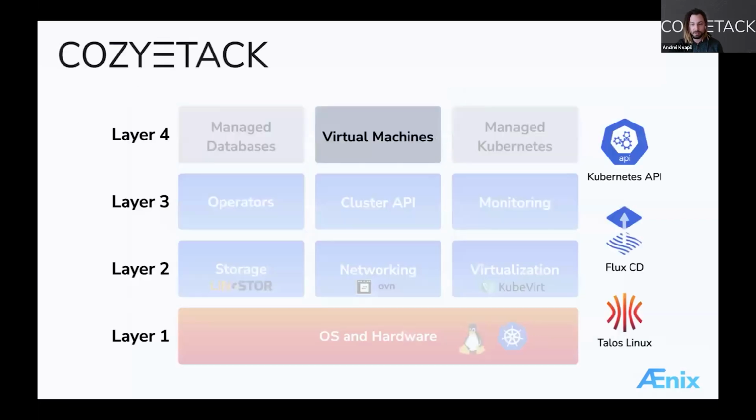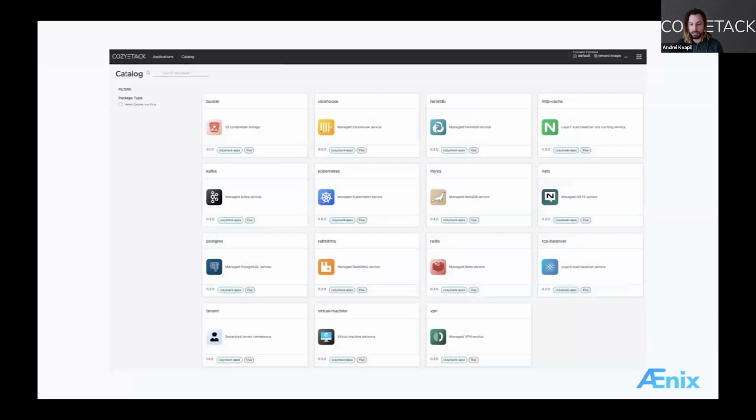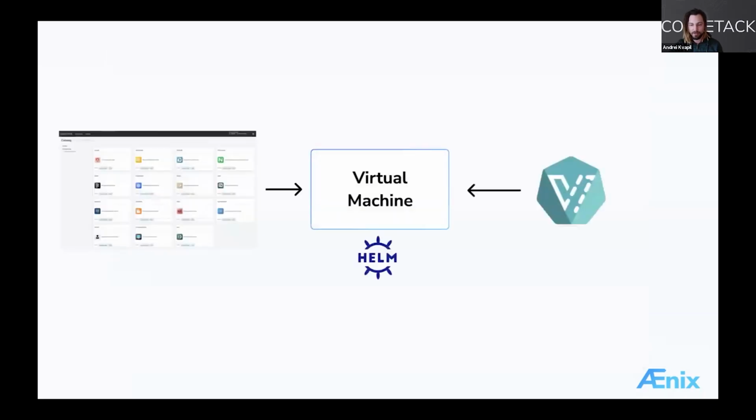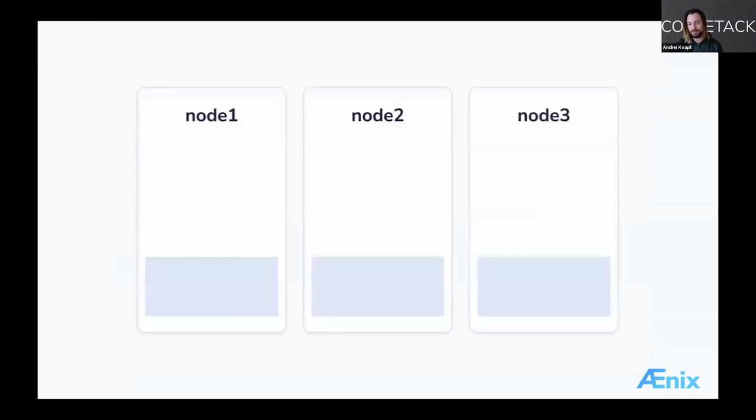While for virtual machines, let's see how it works. Again, we have the dashboard, create a new virtual machine, and then it creates objects for KubeVirt for managing this virtual machine. We can't run a virtual machine in multiple instances. For this reason, we want to be sure that user data will never be lost.